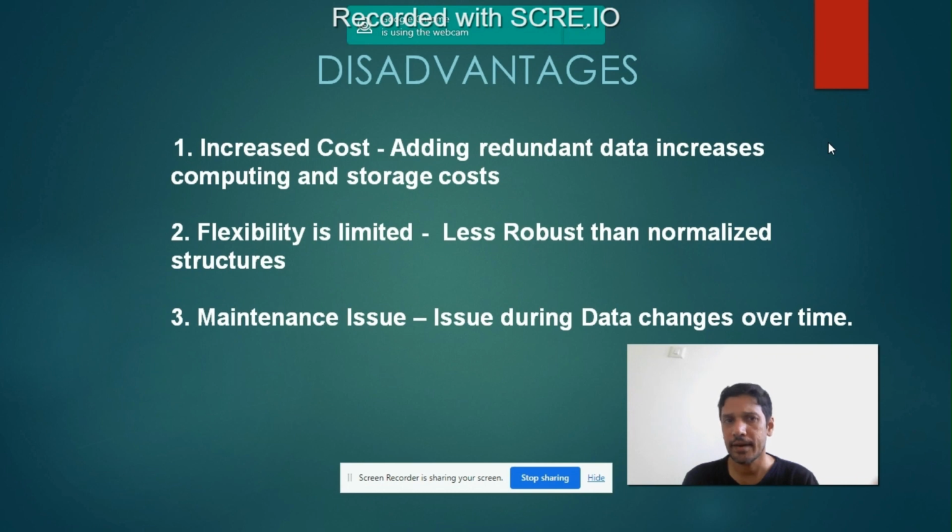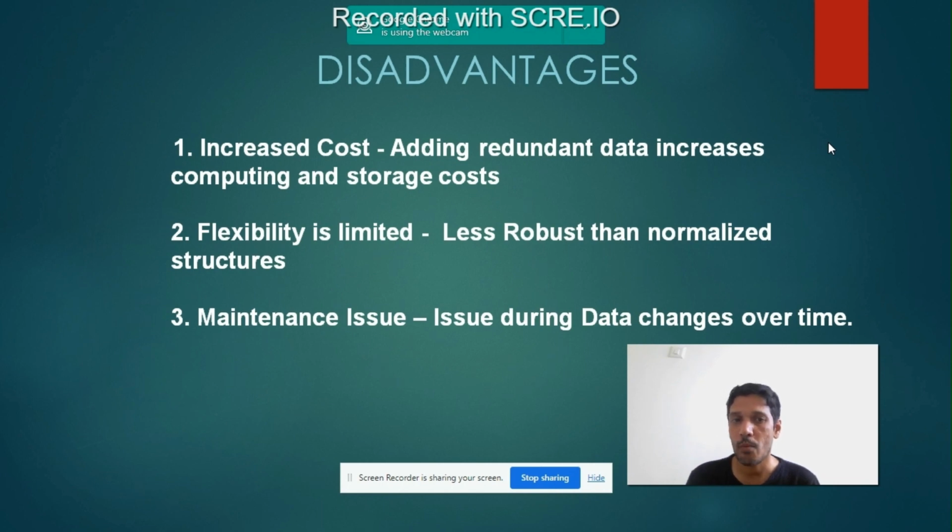Whereas what are the disadvantages? It has some disadvantages like increased cost, because adding redundant data increases computing and storage cost. There will be multiple dimension tables, right? So we are creating more space, which will increase your cost. The second point is that flexibility is limited.